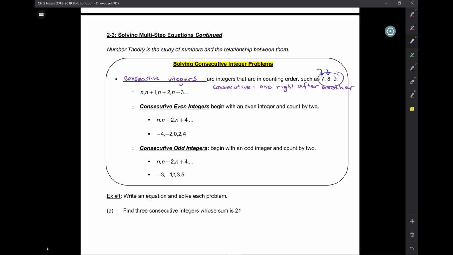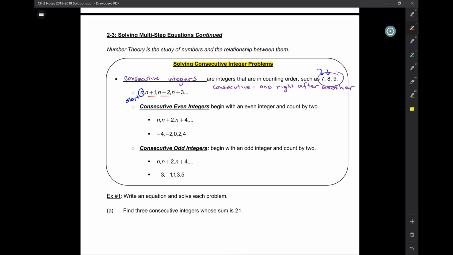So one way to write that is if you start at n, the next one would be whatever you started with plus 1, n plus 1. The next one would be whatever you started with plus 2, and the next one plus 3.